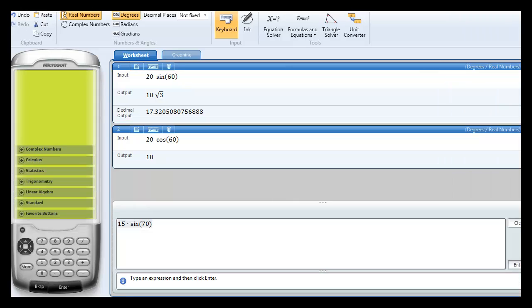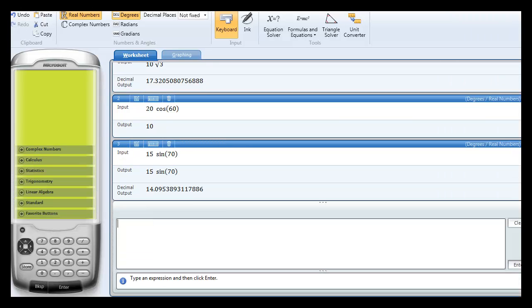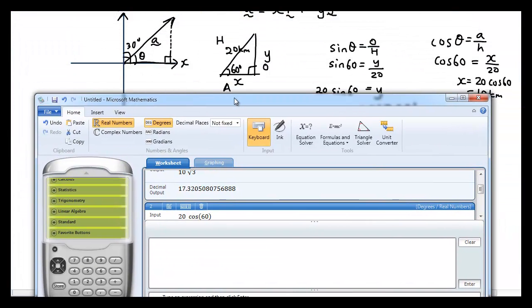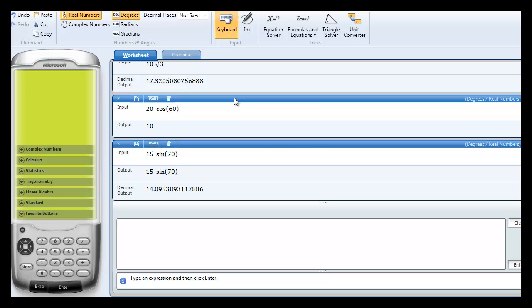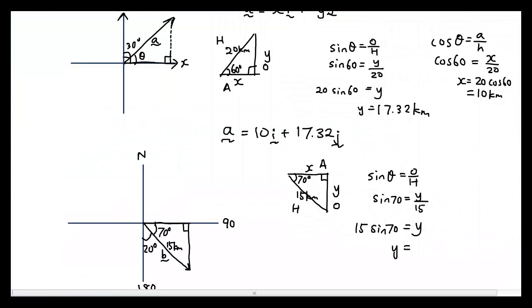And the answer is 14.09. So by the way, this program is called Microsoft Mathematics, which is a free program for calculating. So get that if you want a free calculator. So we got 14.09.